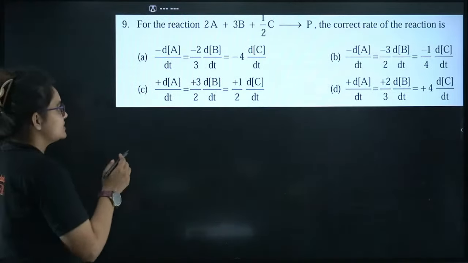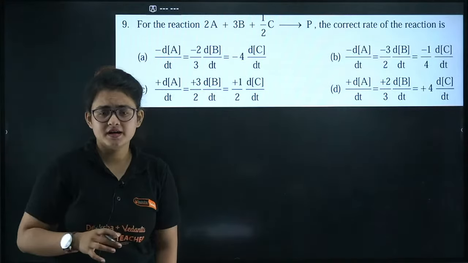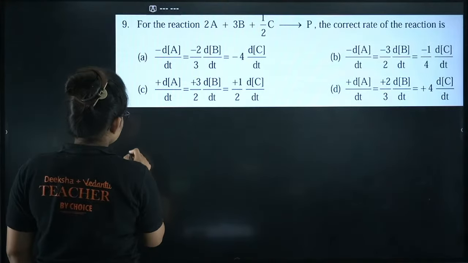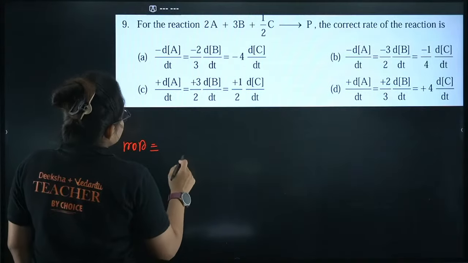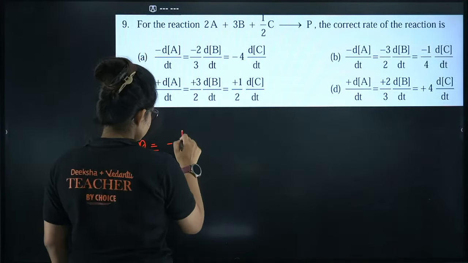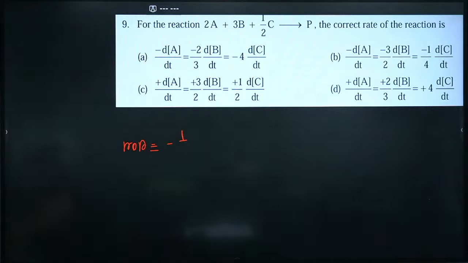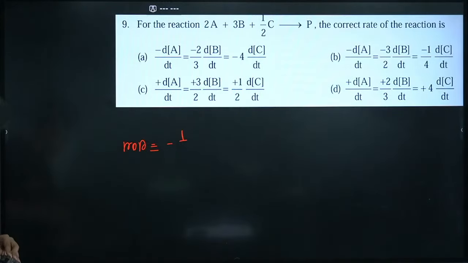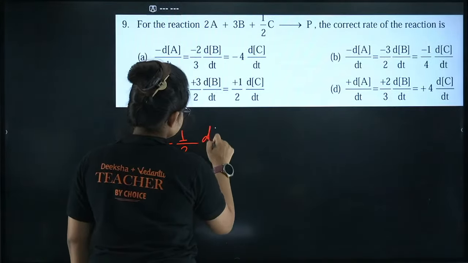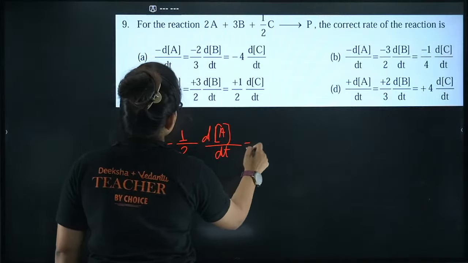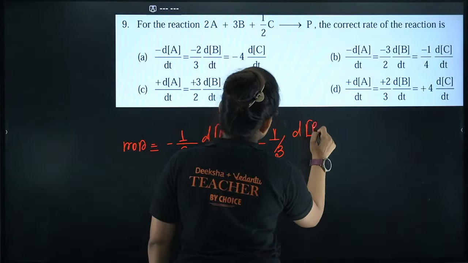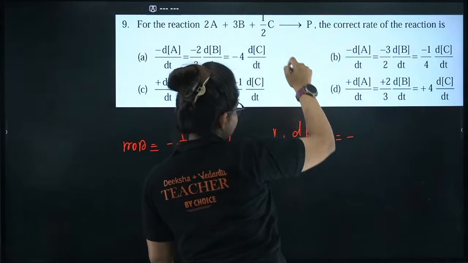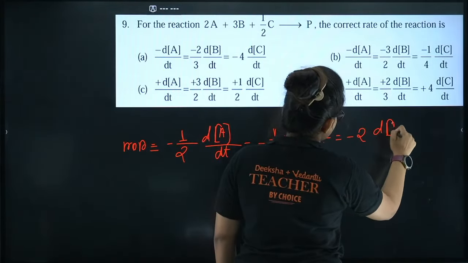First, you can just write down the differential rate equation, then rearrange it in accordance with the options. Here, already half is there, so this 2 will go up and we can write dC by dt.